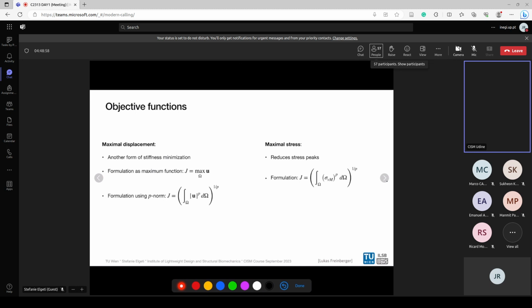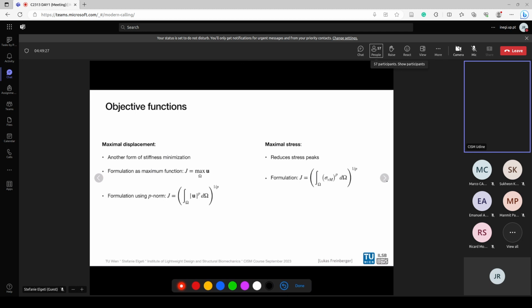Instead, one could use this formulation in the p-norm that translates this maximum into a continuous formulation, similar to what we had with the SIMP. So we take u to some power of p, we integrate over the domain, and then we take the appropriate root.